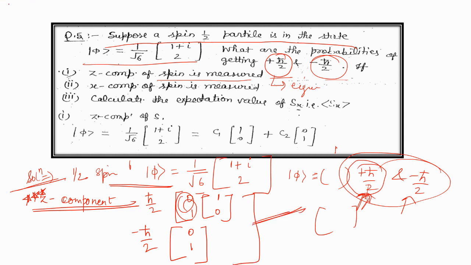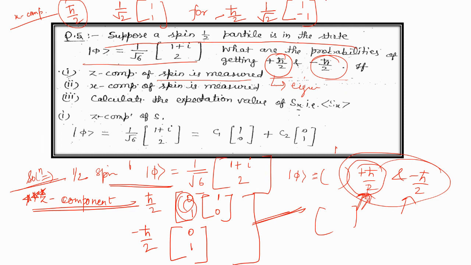And suppose in place of z component, if x component is given, the vector corresponding to h cross by 2 will take the form like this: 1 upon root 2, 1 1. And for minus h cross by 2, it will be 1 upon root 2, 1 minus 1.